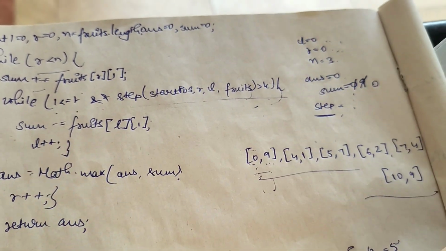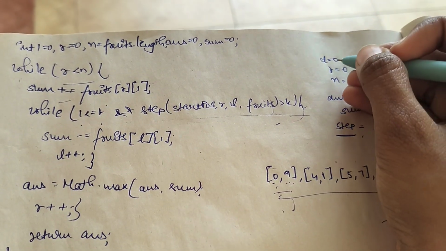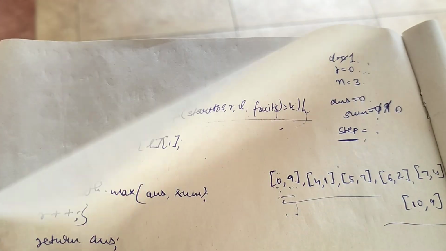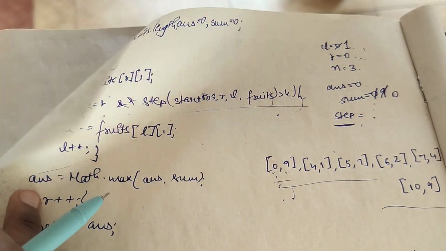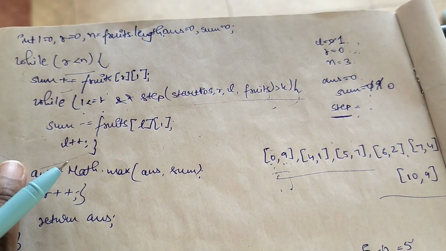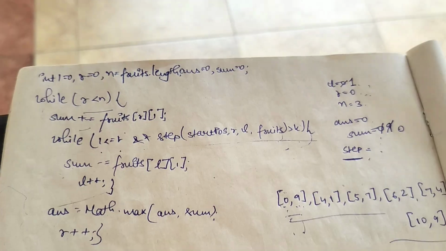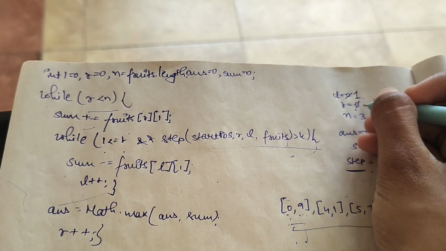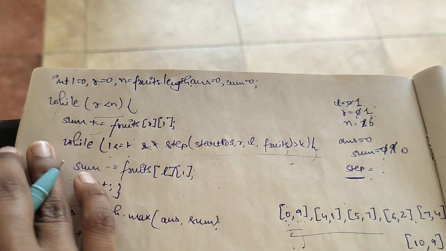Again it became 0, and I'm going to increase the left pointer. Now the answer is the maximum of answer and sum, and since both are 0, it will stay like this, and the right pointer will be increased to 1. Sorry, here n is equal to 6.